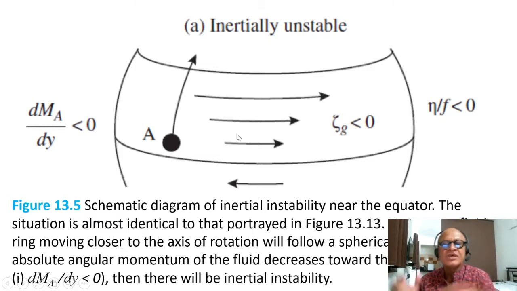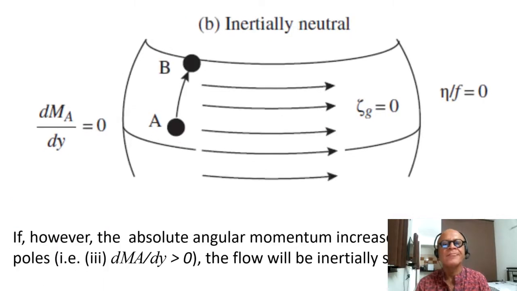So as we saw in the case of a cylinder, if angular momentum increases away from the radius, then it's stable. If it decreases, as it does in this case, then it is inertially unstable. So we get the mixing as we saw.